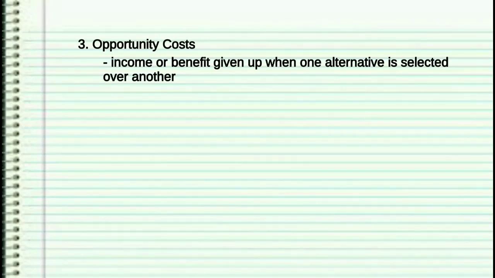Pag pinili mo yung isang option over another, yung benefit na masasacrifice mo for not choosing that option ay tinatawag na opportunity cost. Meron at meron kang i-give up or isa-sacrifice kasi hindi mo pinili yung isang option.